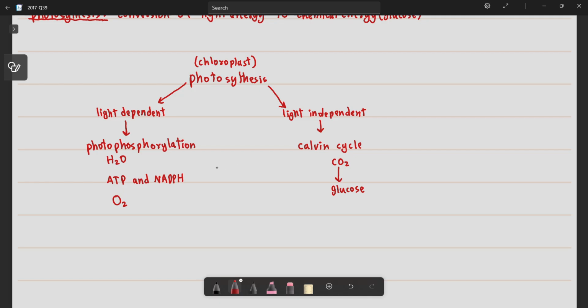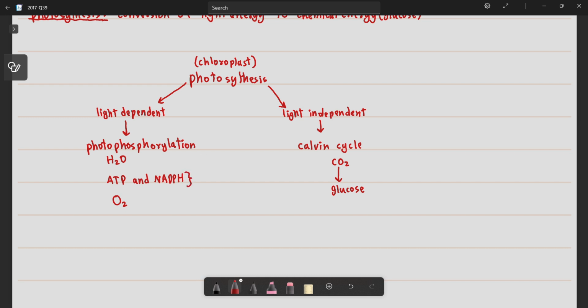So we also must know that these processes, light dependent and light independent, are interconnected. They're not separate processes. The main focus of photophosphorylation is to produce high energy molecules, which are ATP and NADPH.